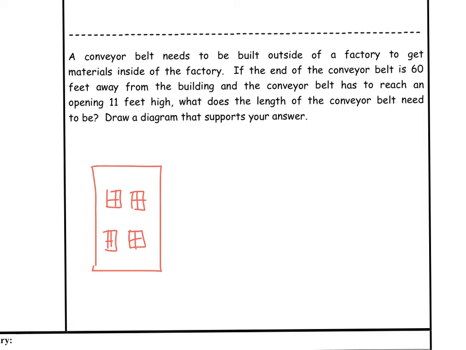So my building starts right here, and if I go 60 feet away, say that that is 60 feet. And the conveyor belt has to reach an opening 11 feet high. So I'll say that my 11 feet high is about like right there. So I know that this side right here is 11.